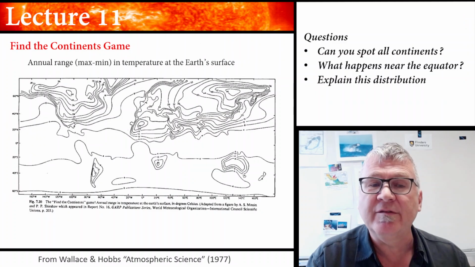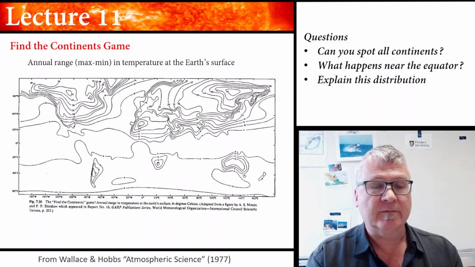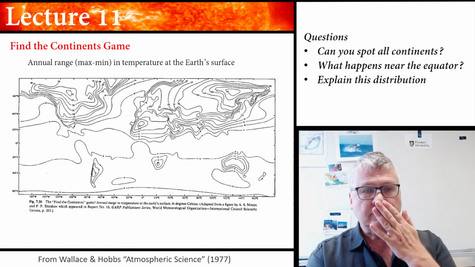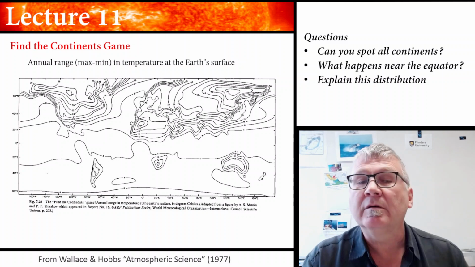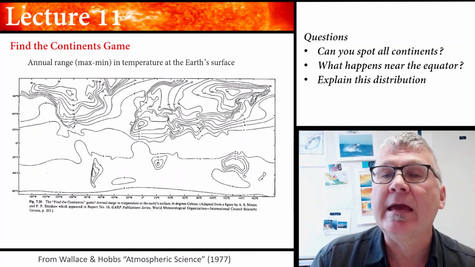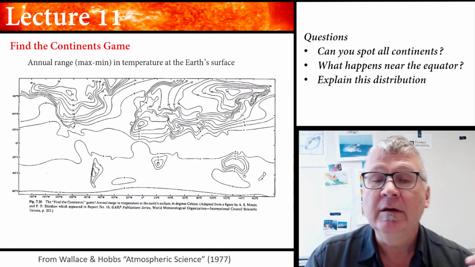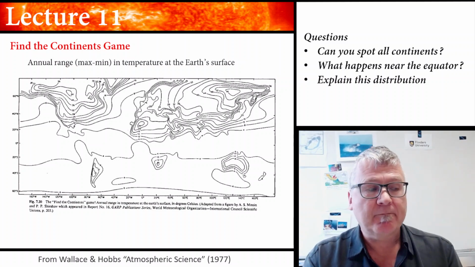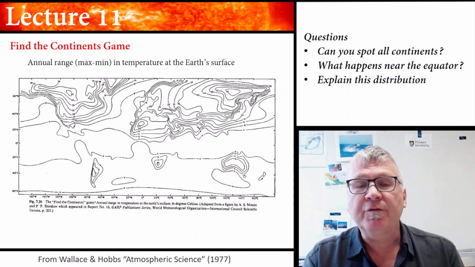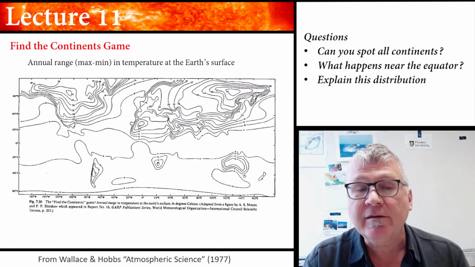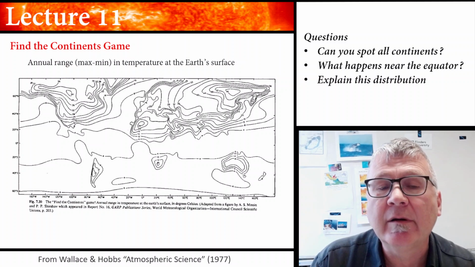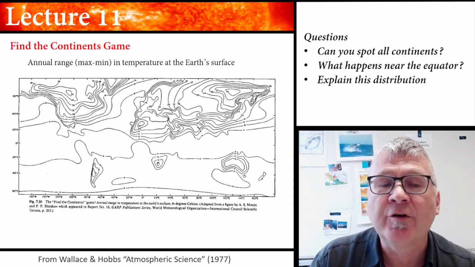But as promised, a little game, a little puzzle. It's called the Find the Continents game. So here's a map, and it shows you the annual range in temperature at the Earth's surface.